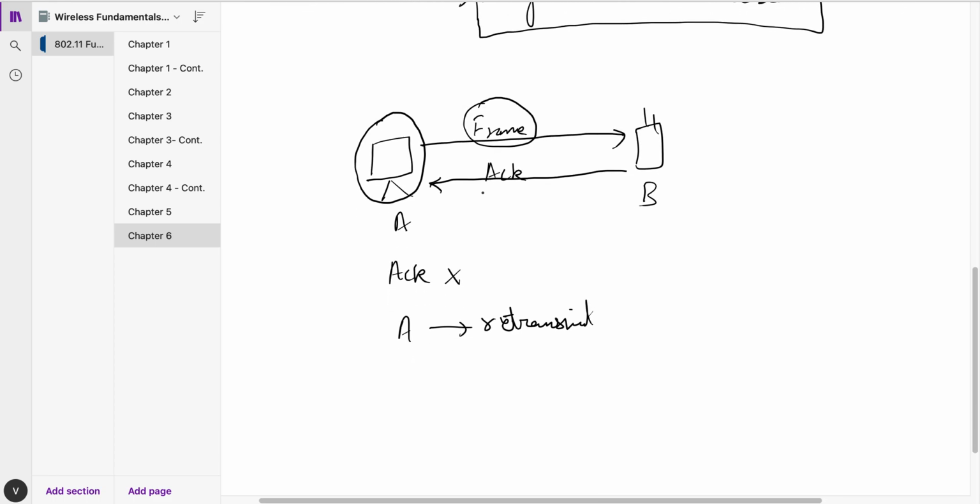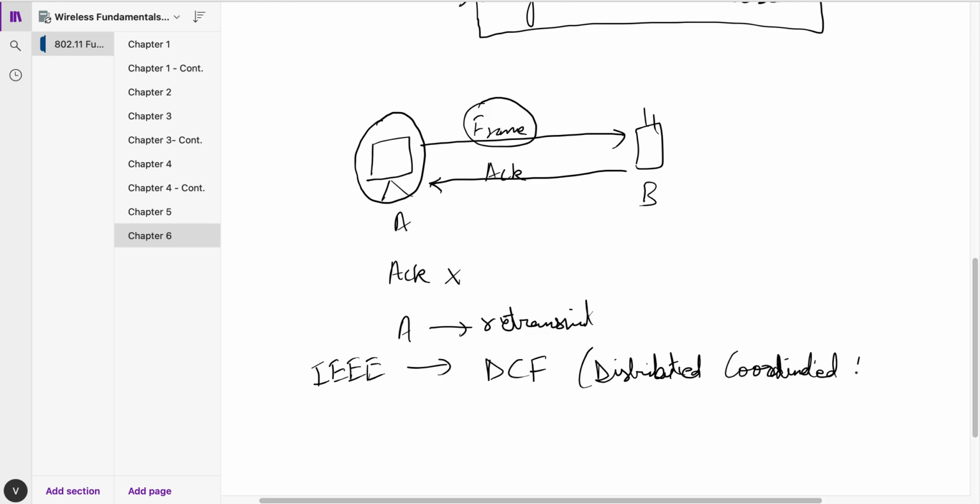Now, what IEEE did was define a medium access standard called DCF, which stands for distributed coordination function.